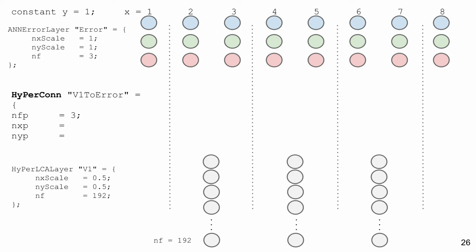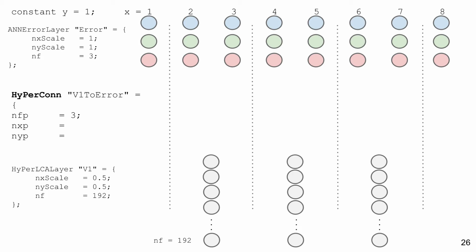And the scale is what does some kind of pooling over neighborhoods, or well, sort of. The scaling is what allows us to implement a stride of the patches over the image. So in this case, NFP, as you see, is going to be 3.